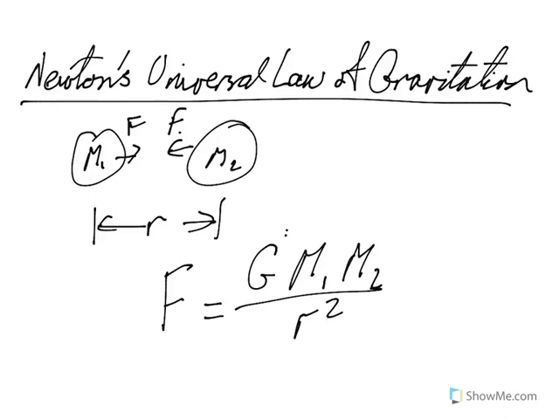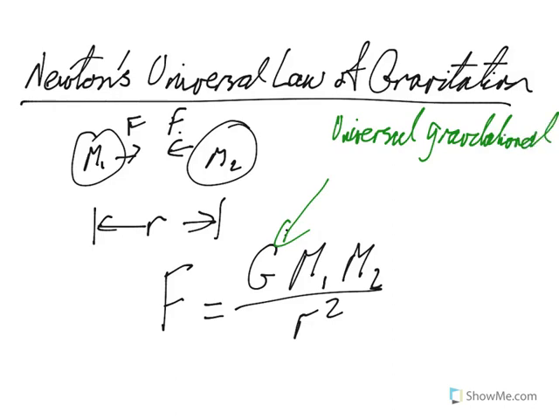This G, big G here, is the universal gravitational constant. It's universal, it's used everywhere in the universe, and it has a value of 6.67 by 10 to the minus 11.